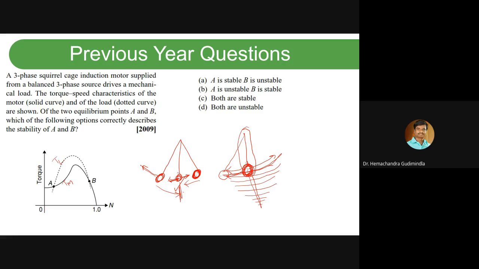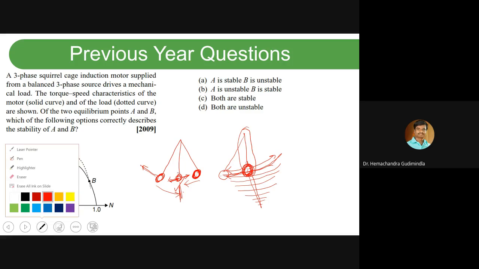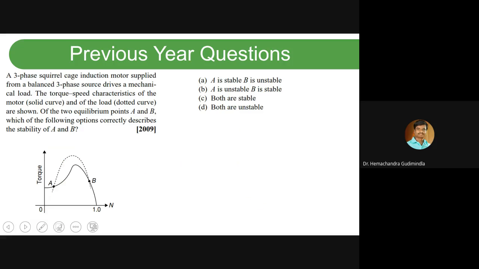Now two equilibrium points are given. So here also, the torque developed by the motor is Tm, and the torque of the load is TL. How do we find the stable points now? We have to find in which direction the acceleration is present. Acceleration torque Ta is Tm minus TL, that is the torque developed by the motor minus the load torque.